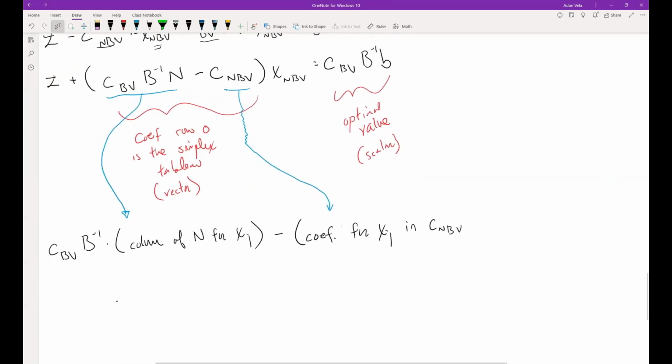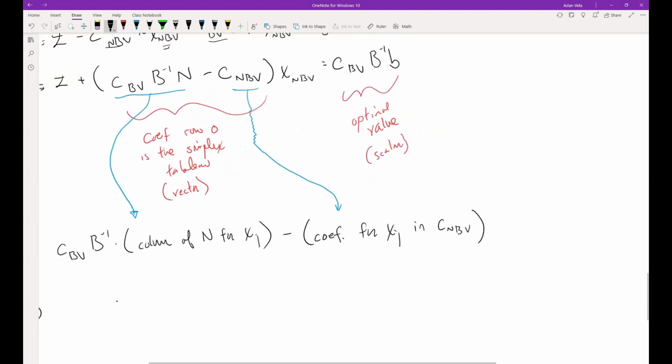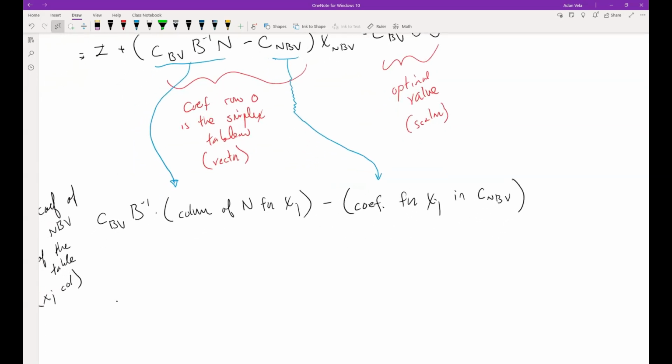Now, all that is the same thing as just writing CBV, B inverse, times Aj, minus Cj. So what is this Aj? Aj is the jth column of our original A matrix.